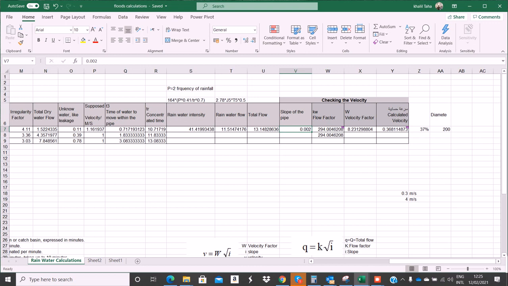Decreasing the slope will decrease the excavation works, and that will affect the cost. But on the other hand, you cannot decrease the slope as you want.